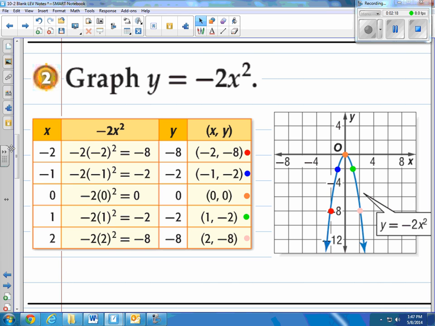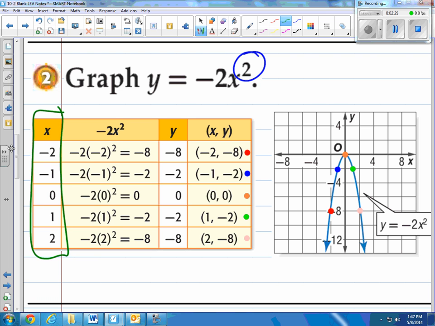Graph y equals -2 times x to the second power. Notice it's quadratic because it has the 2 there. They've taken their x values, the same ones that we use. They've plugged in the -2 into the x value in the function right here. They've squared it, raised it to the second power.